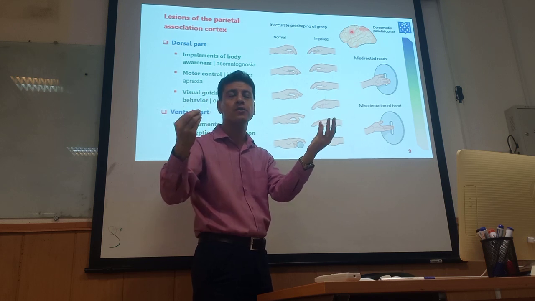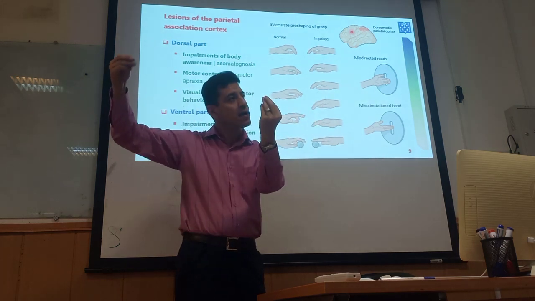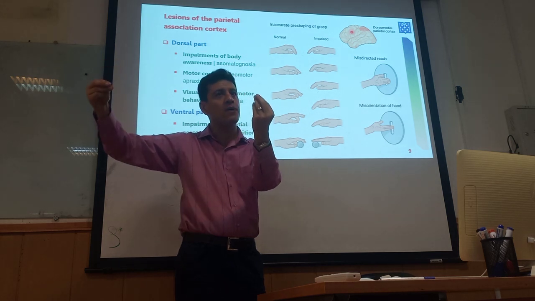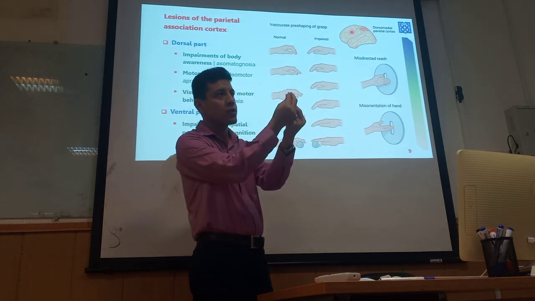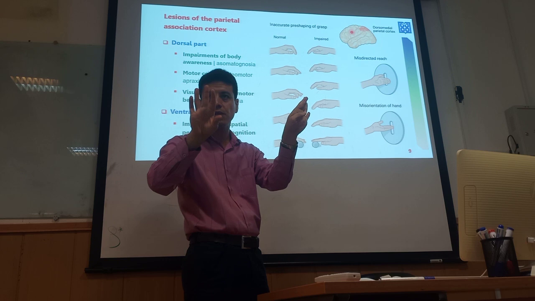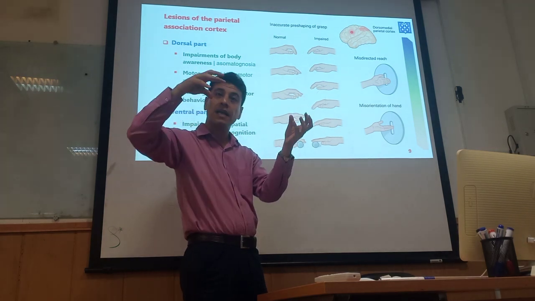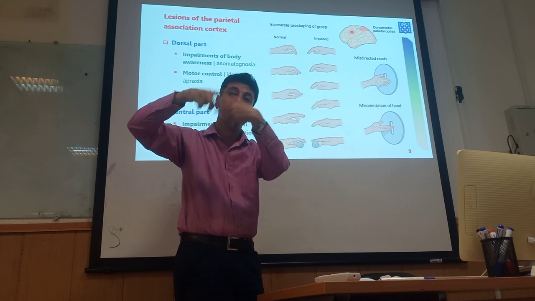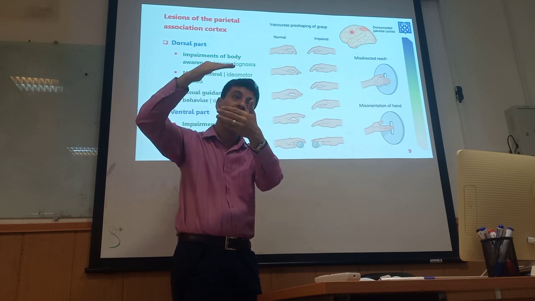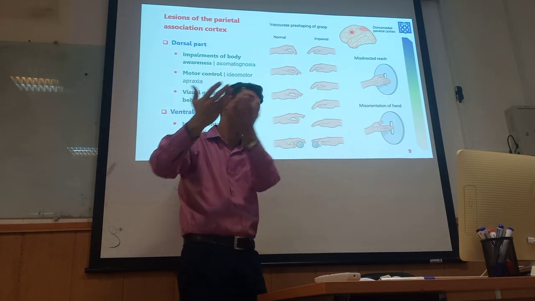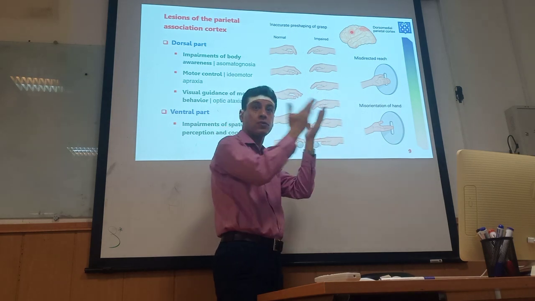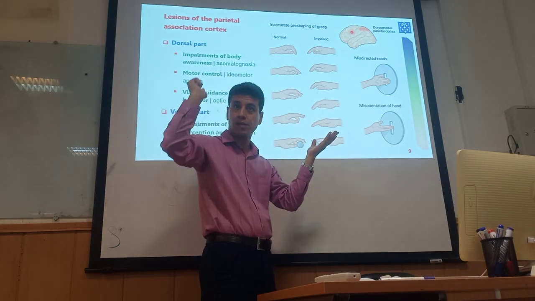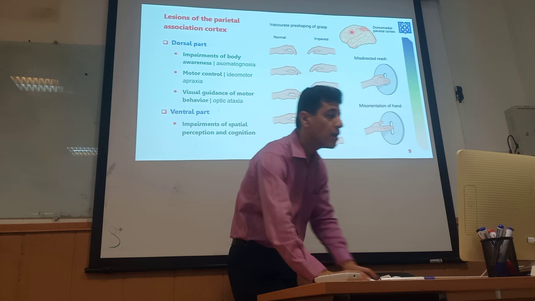You're not talking about some axons that go from the sensory cortex to the motor cortex. No, I'm not talking about this. I'm talking about an area which receives sensory information, analyzes it at a higher level, then passes the result to the motor cortex. This one is lost. Okay?